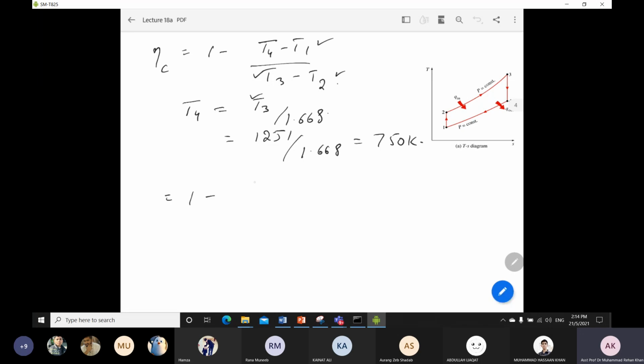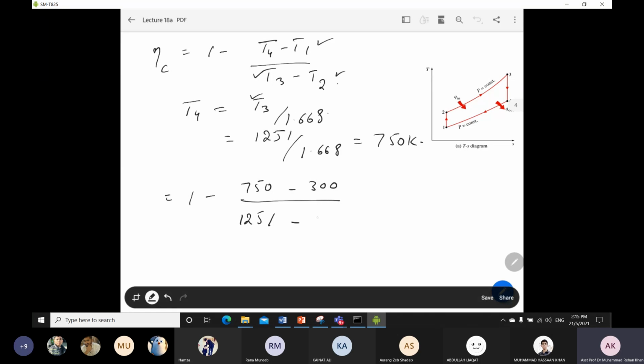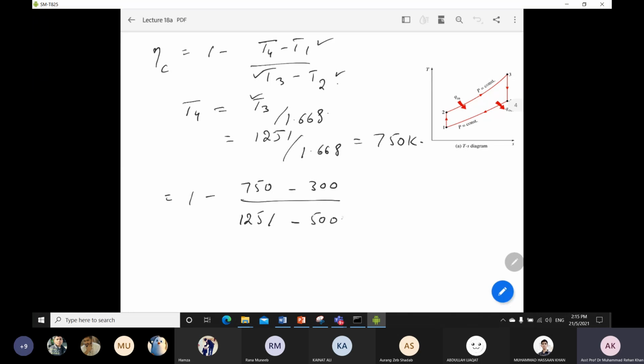Now we have all the values. Simply put T4, which is 750, T1, which is 300, T3, which is 1251, and T2, which is 500.4. If you solve it, it turns out to be 0.4, or 40% thermal efficiency for the Brayton cycle.